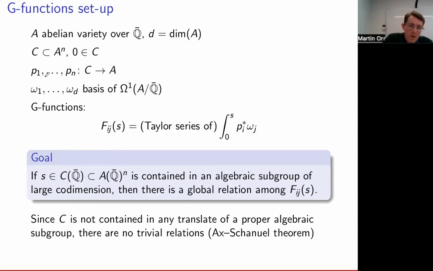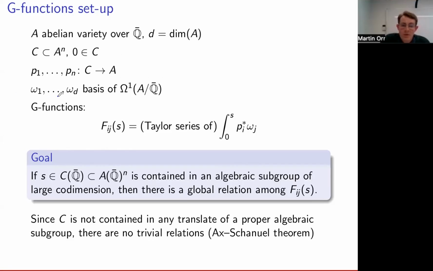I'm going to write P1 up to Pn for the various projections that we get now from the curve into my simple abelian variety A. And I'm going to pick a basis for the holomorphic 1-forms on my abelian variety A.